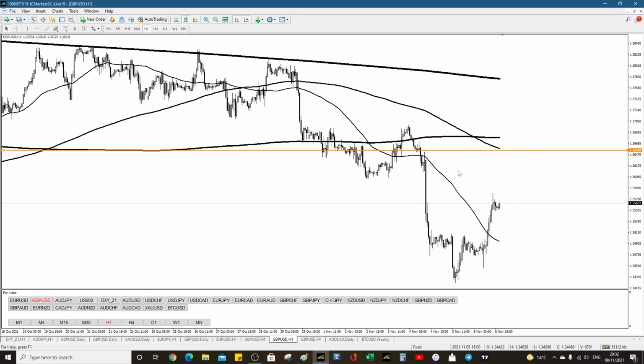So I don't really want to make it a particularly long video because it's just a video to go on about the moving averages. If you wanted to know what I'm personally looking at when we get a signal, I have these MAs on my mobile device on my MetaTrader 4 and MetaTrader 5, and so I can quickly look, are we below MA X, or are we above MA X?